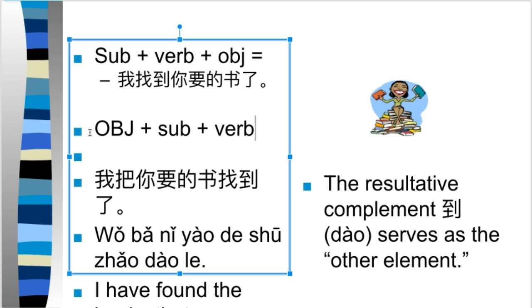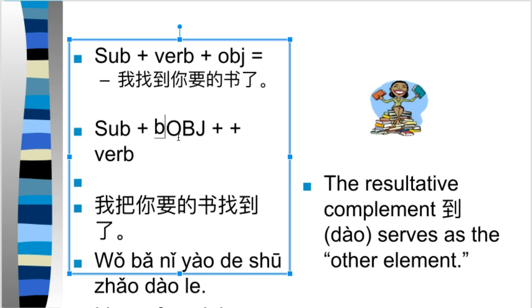And the 把字句 also uses a word order like this. 你要的书 is the object. It is now in front of the verb. Usually you put the subject first, right? So the subject plus 把 plus object plus verb. But the important thing is the object goes before the verb. That's the critical thing.